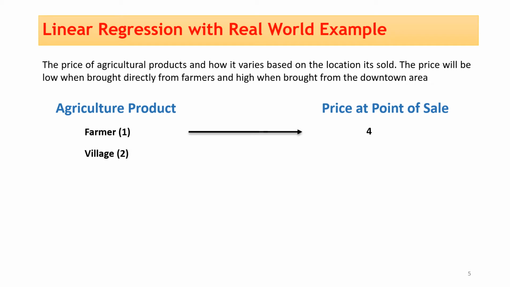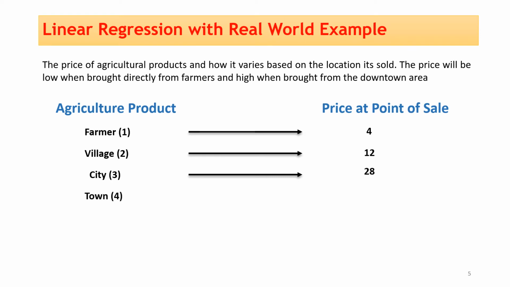Similarly, if the product is bought from the village, then the price at the point of sale will be, suppose, 12. Similarly for city, it will be suppose 28. Then for the town, suppose it will be 52, and for city downtown, suppose 80.